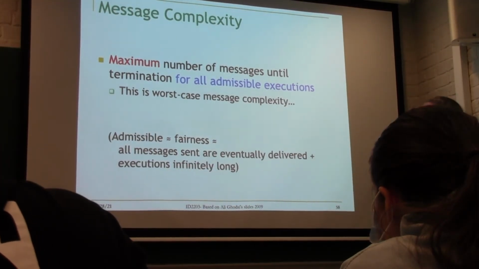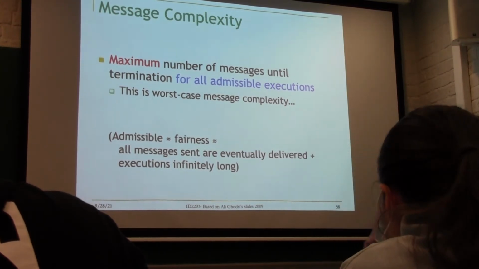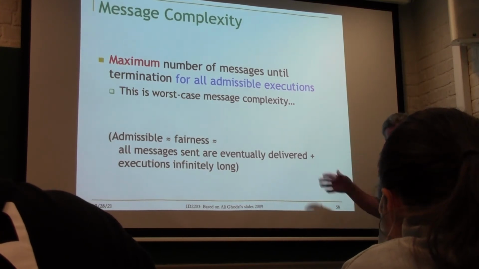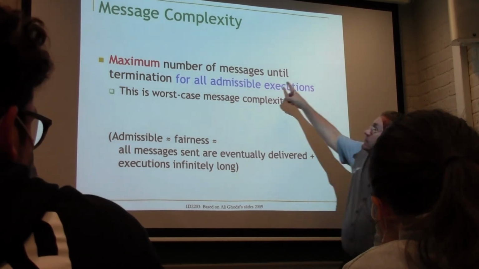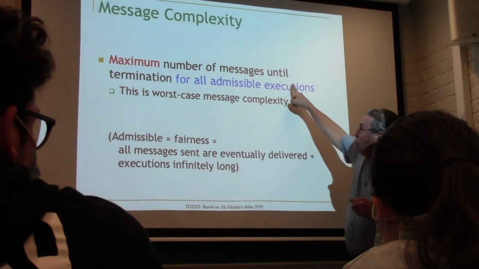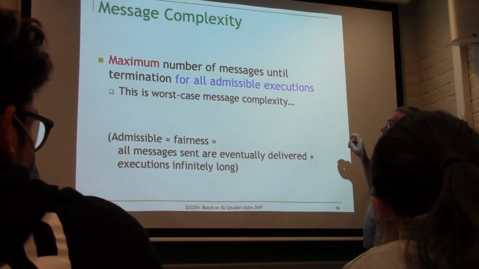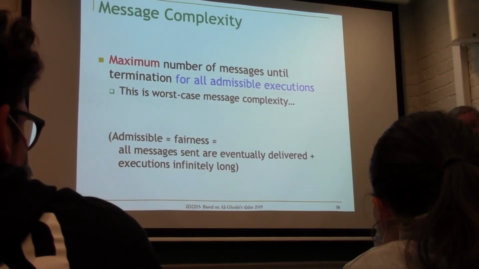Okay, so one of the complexities is how many messages. If I have n nodes, they can send lots of messages between each other. They're loading the network. This is called message complexity. It is the maximum number of messages over all admissible executions. So this is a worst case, like the complexity of algorithms.